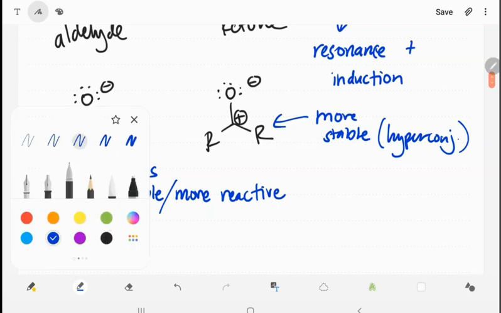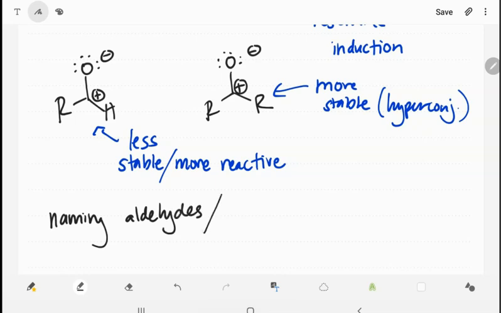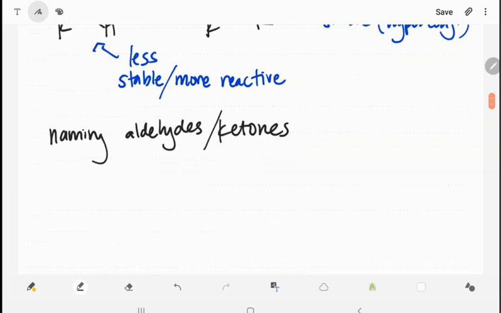All right, let's do a little bit of naming. Unless we have any questions, of course. All right, so far, we are going to introduce now 2 functional groups to our naming portfolio. And these ones are going to take priority over the ones you've learned so far.